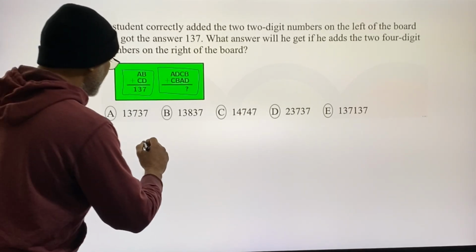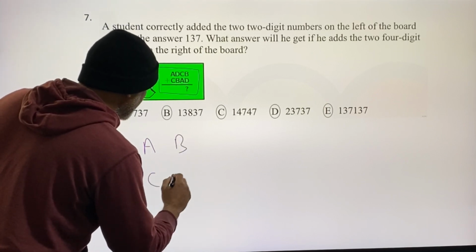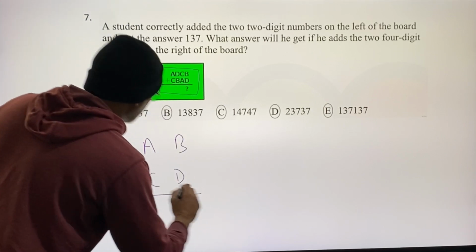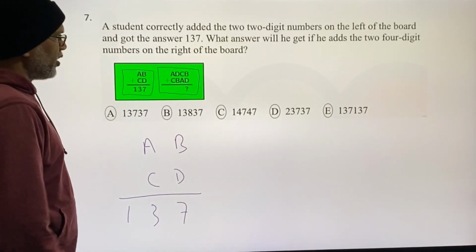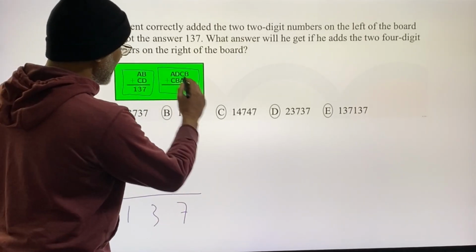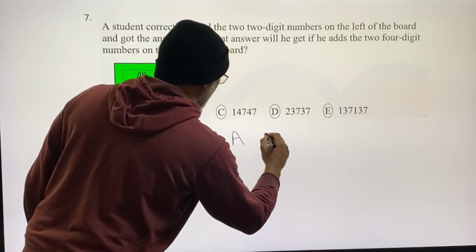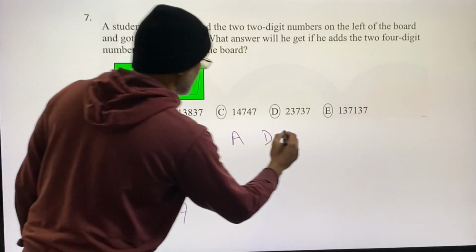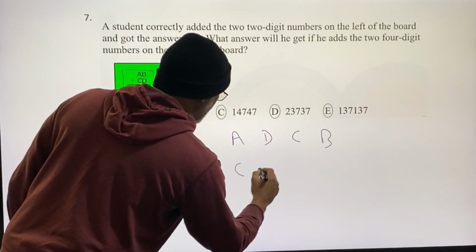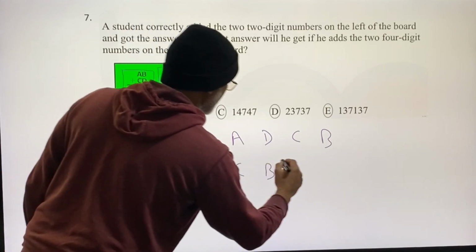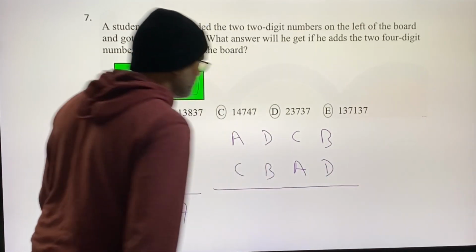So we know that A, B, C and D, they give us 137. Alright, now let me write down this one. A, D, C, B, and then C, B, A, D, and I want to add those.